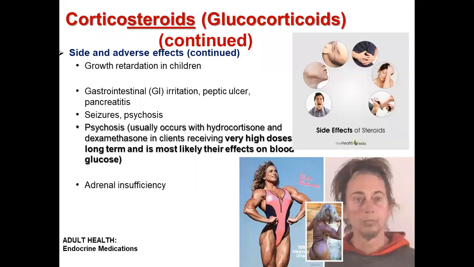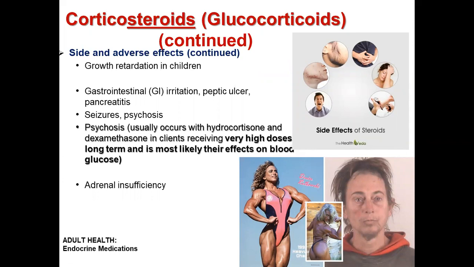What next? Other side effects: growth retardation in children. Gastrointestinal irritation, peptic ulcer, or pancreatitis, inflammation of the pancreas, or the patient develops involuntary movement of muscle, we call seizure, or psychosis.